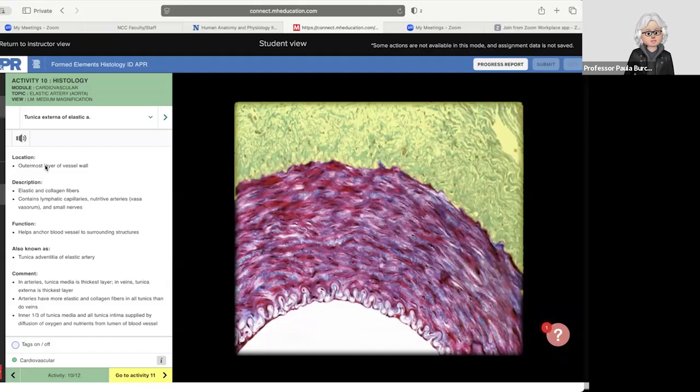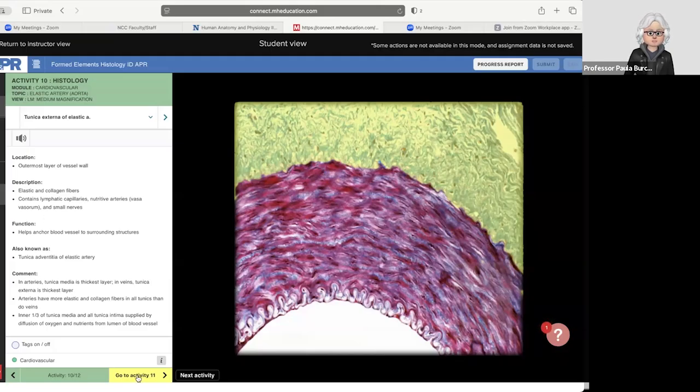Also, the tunica externa is known as the tunica adventitia. So you have two different names for this layer. Remember, the layers are called tunica, and you just need to be able to identify the layers and tell me something about them.